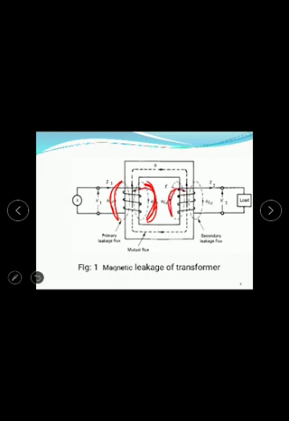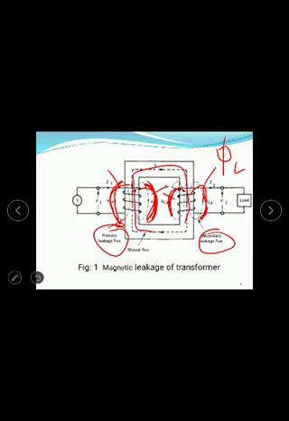This flux is called leakage flux, phi L. Due to secondary current, the leakage flux is the secondary leakage flux. Due to primary current, the supply current, this flux is the primary leakage flux, and this flux is the main flux. This flux is the useful flux, that is the mutual flux, that means it is the main flux.